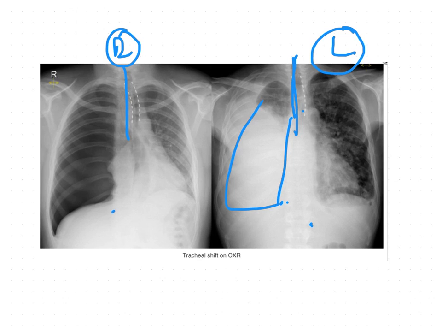This is another condition, where a patient has lung cancer, which causes a shift of the trachea towards the left side. This is the right lung.